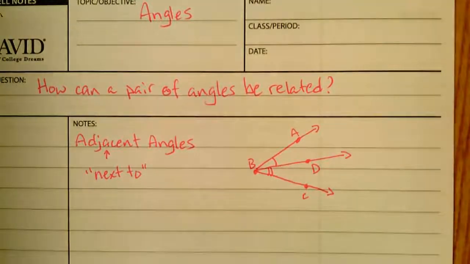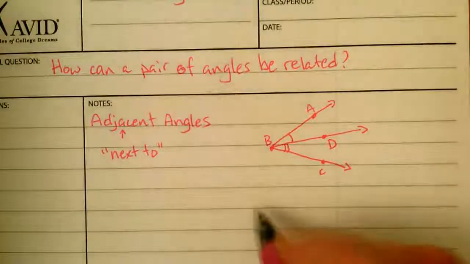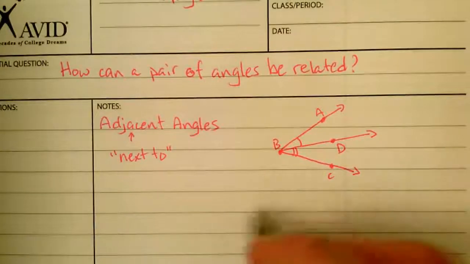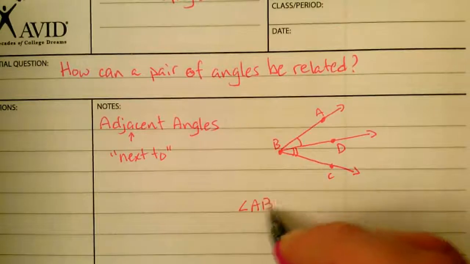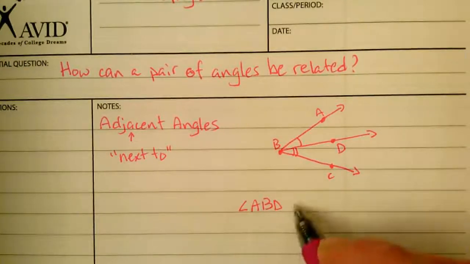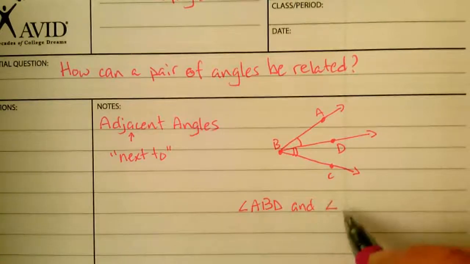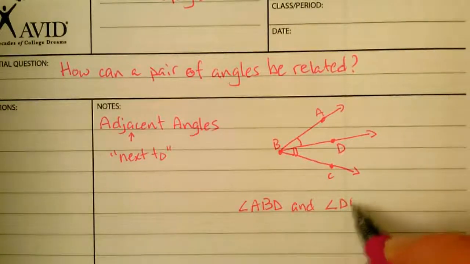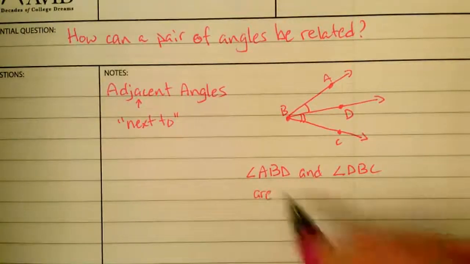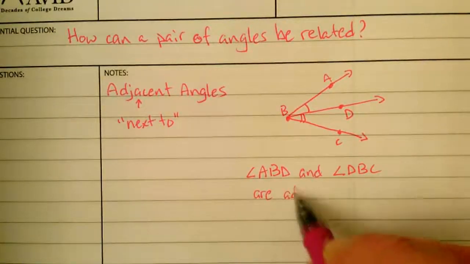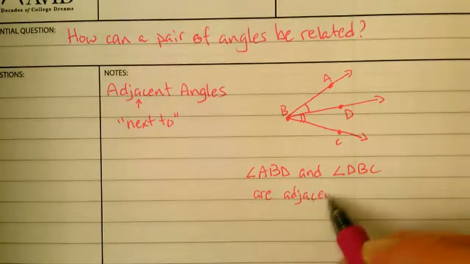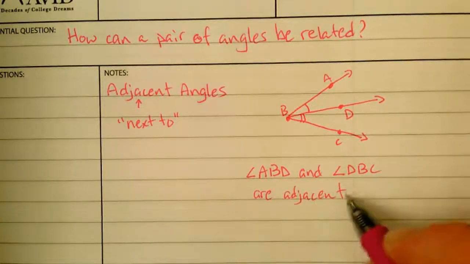Okay. We would say that angle ABD and angle DBC are adjacent.